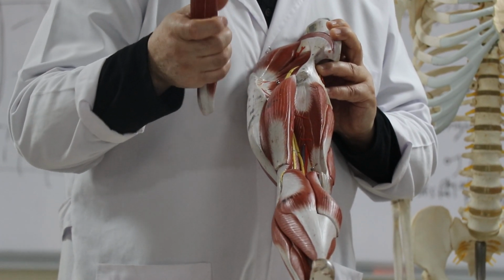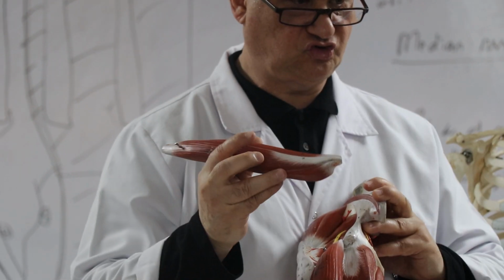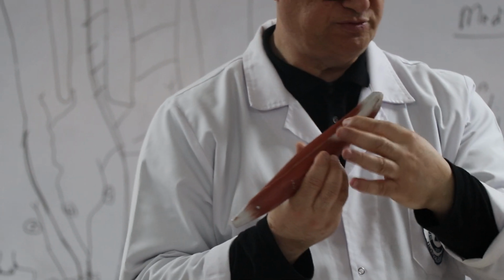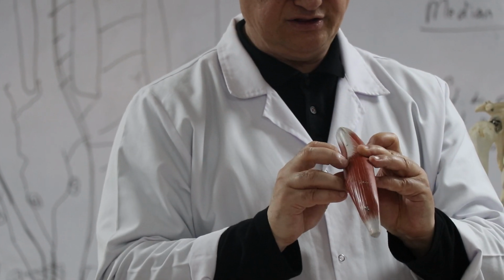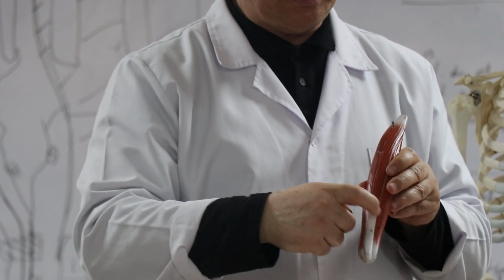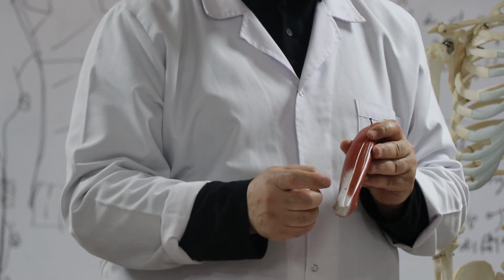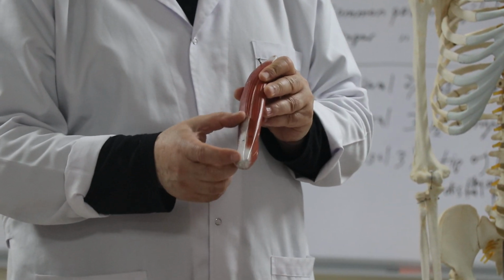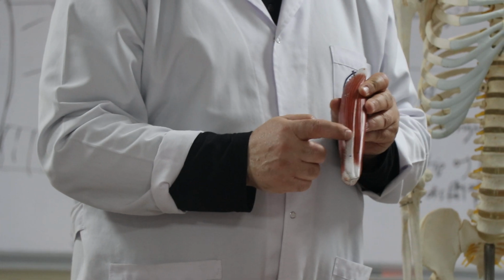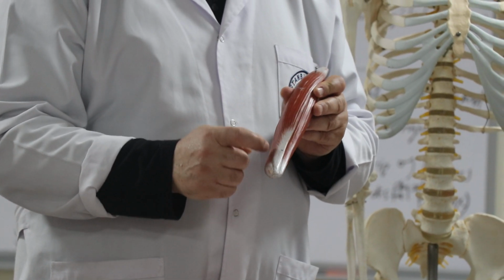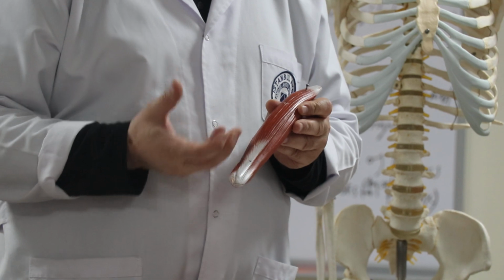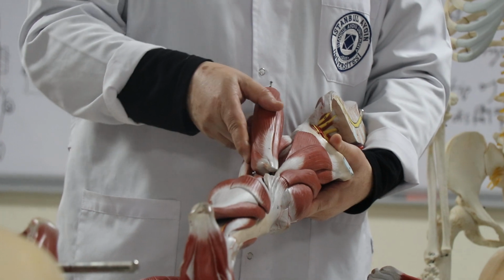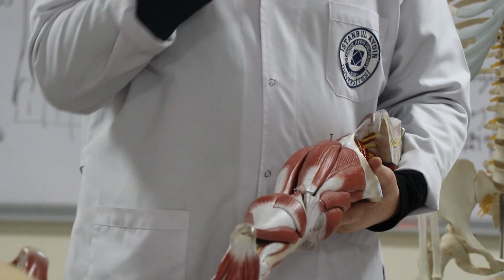Okay, the top one here is semitendinosus, and the muscle that is beneath is semimembranosus. Semitendinosus is like half of the muscle composed of the tendon. Semimembranosus is primarily fleshy, but it's flat, that's why it's referred to as semimembranosus.